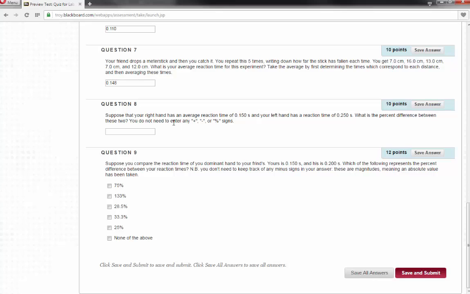Okay, question 8. Suppose your right hand has an average reaction time of 0.15 seconds and your left hand has an average reaction time of 0.25 seconds. What is the percent difference between these two? Then it says you do not need to enter any plus, minus, or percent signs in your answer. Okay, so let's go ahead and do that.